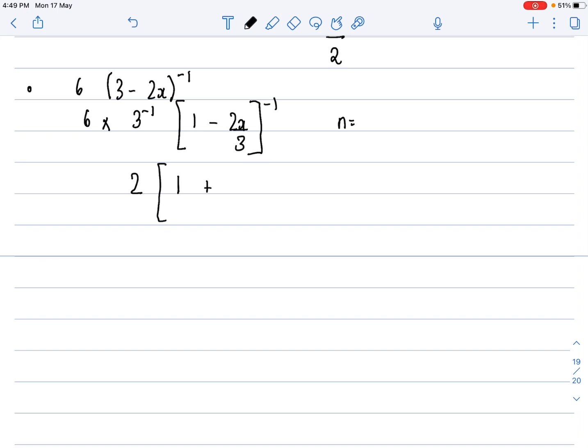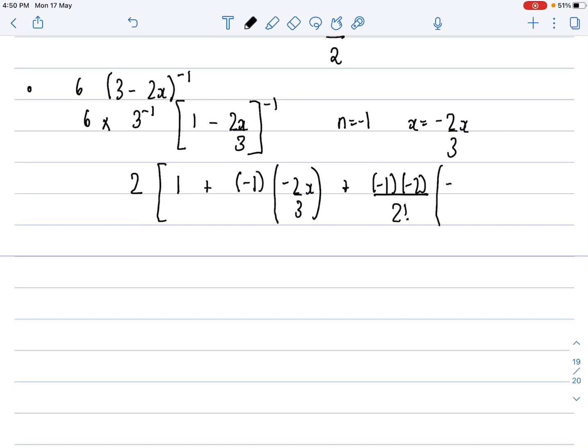I know my n here is minus 1 and my x is minus 2 by 3 x. So it's simply minus 1 into minus 2 by 3 x plus minus 1 times minus 2 over 2 factorial into minus 2 by 3 x the whole square.